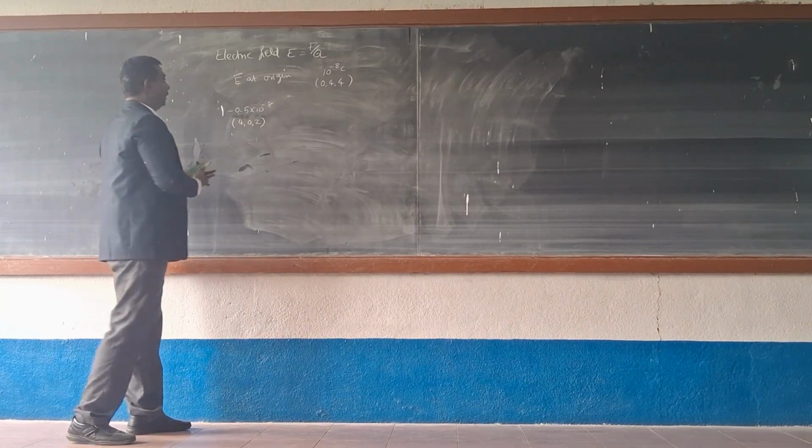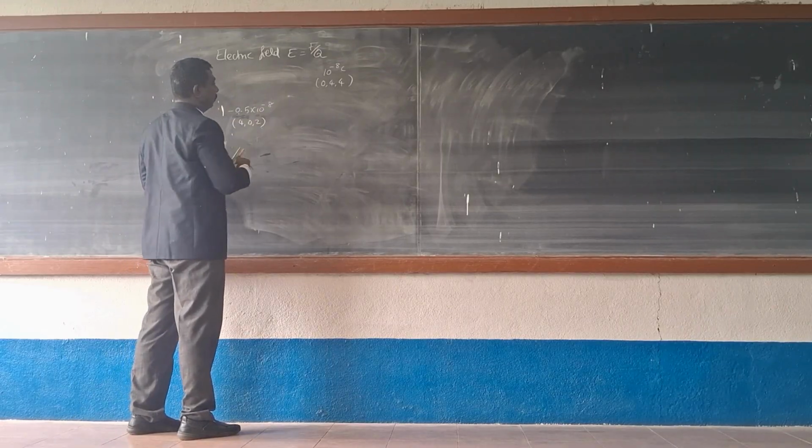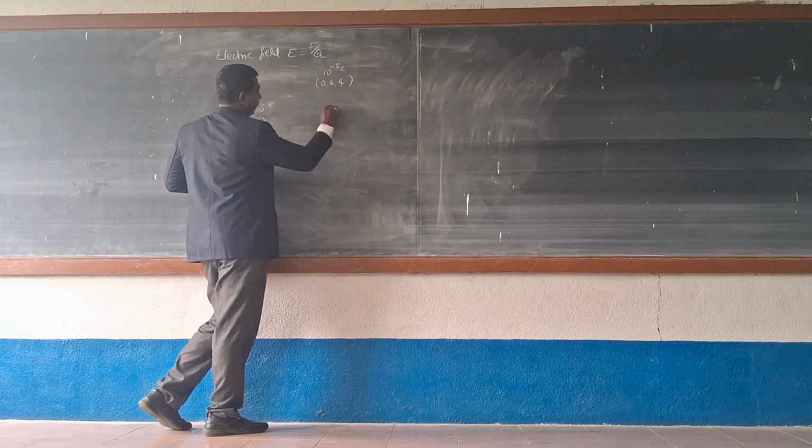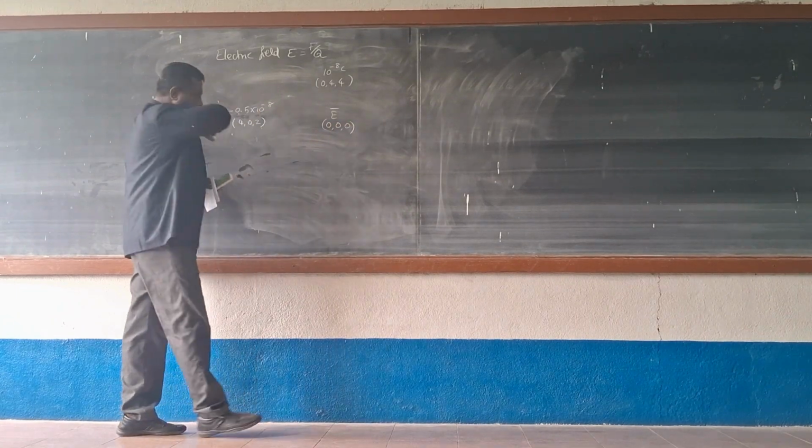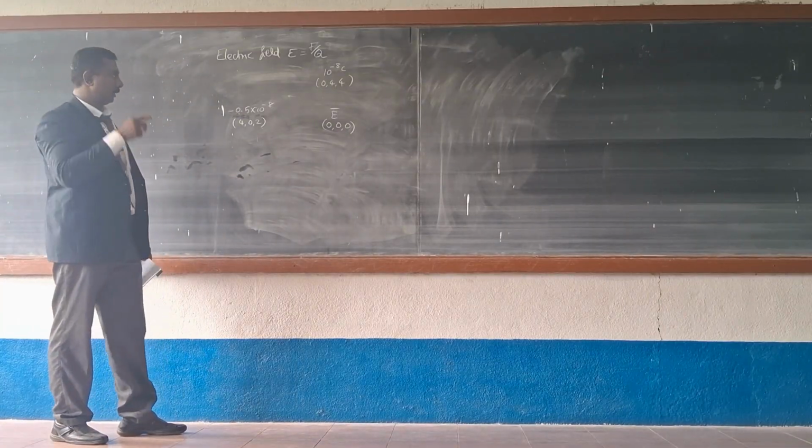I am going to find the E vector at the origin. The origin means 0, 0, 0. So I am going to find the E vector at the origin.